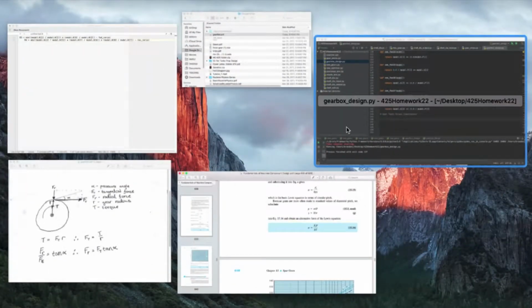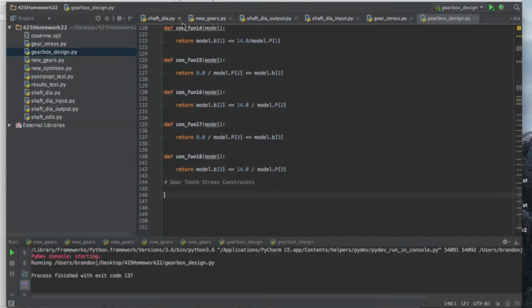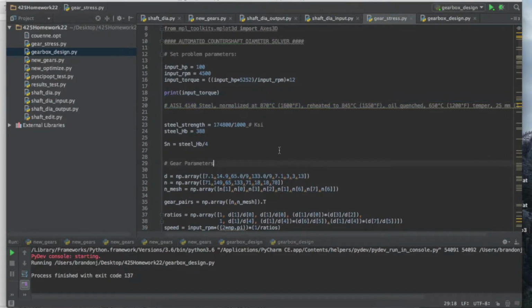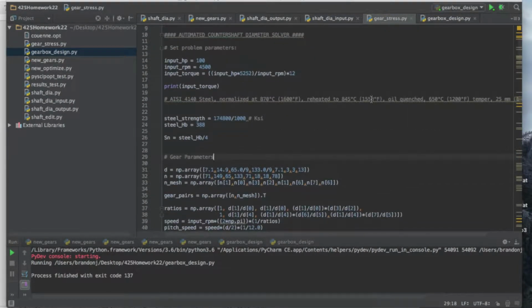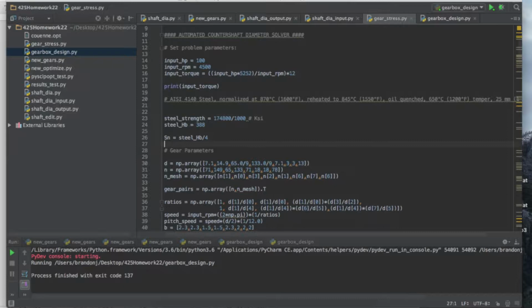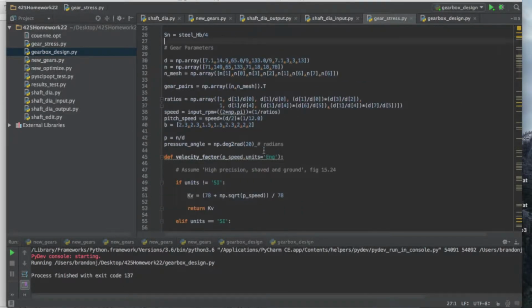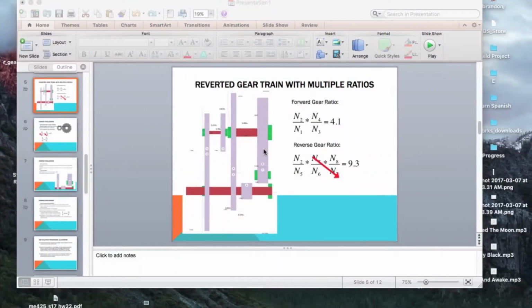But in the interest of saving time and space, I'll just show you first what the stress formulations look like in a separate Python script that I've written. I'll provide a link in the description. So basically what I've done here is I've modeled each one of these factors.